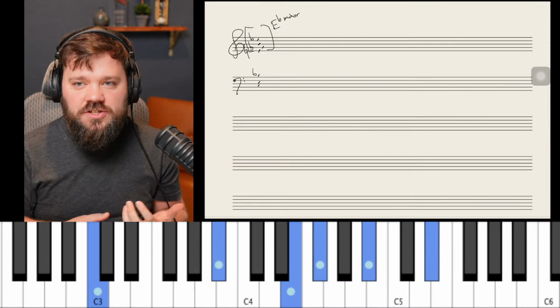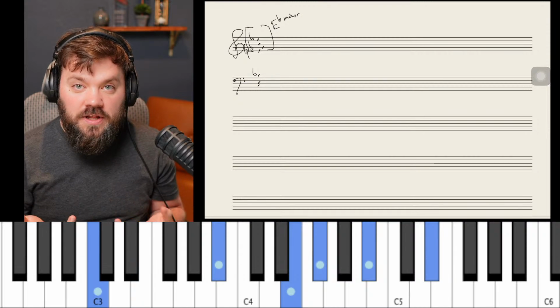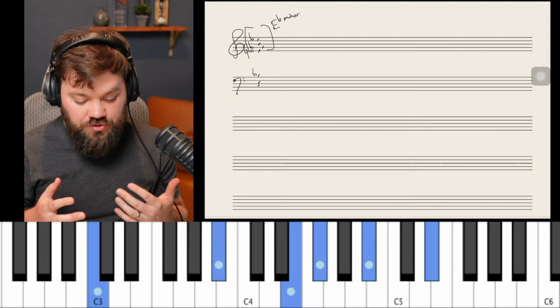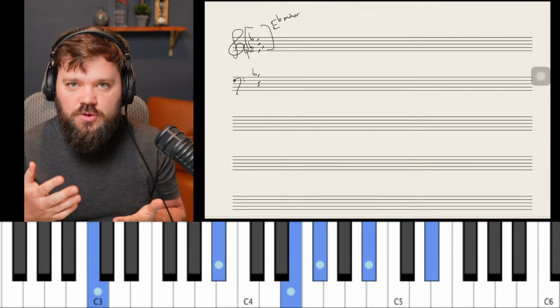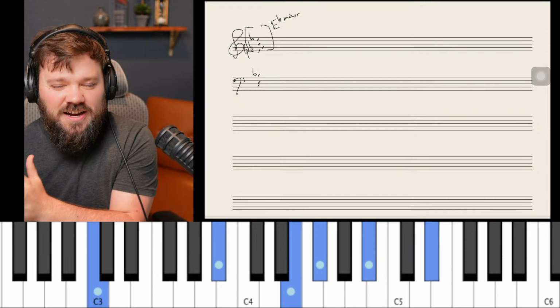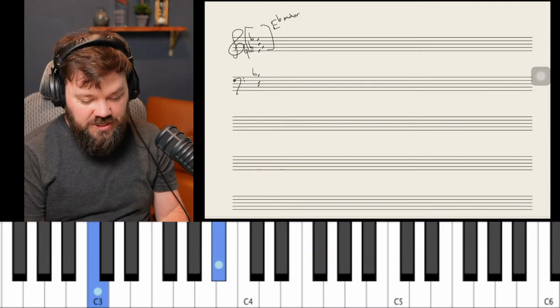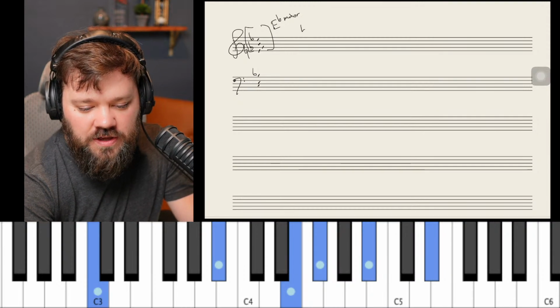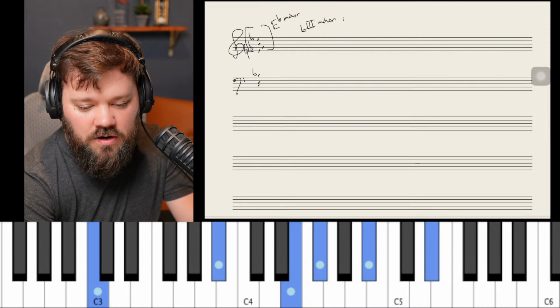There are ways to have these really complex, interesting chords without having to think about every single color tone that you're playing every single time you play that chord. And so this one we would call the flat 3 minor upper structure.